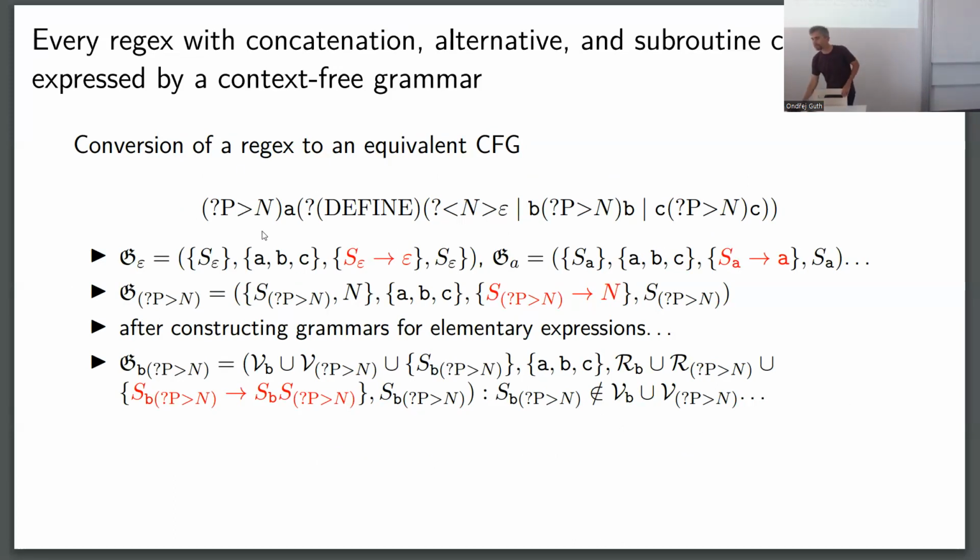Yes, this mathematical model tries to work the same way as the implementation. And in the implementation, when you have some named parenthesis, it is registered there, and it is basically recognized before matching.